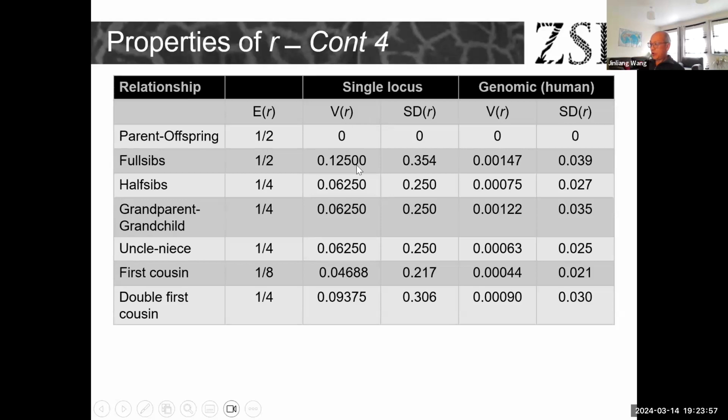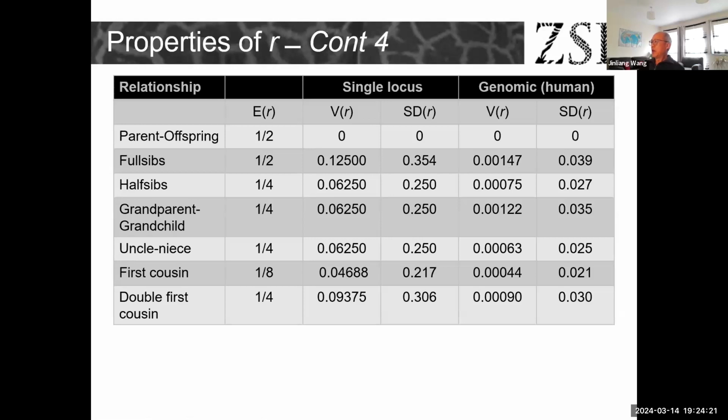For a single locus, full siblings have the highest variance. It is 0.125. When you average across all loci in the genome, the variance is tremendously reduced to 0.00147.